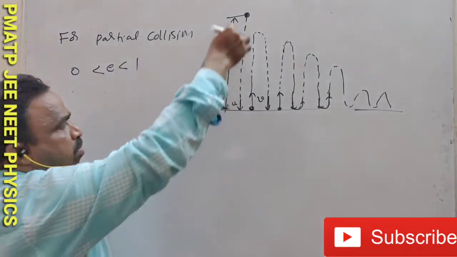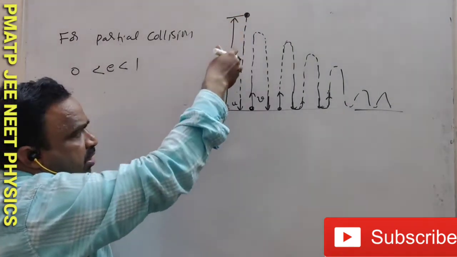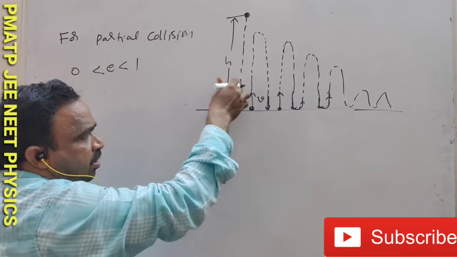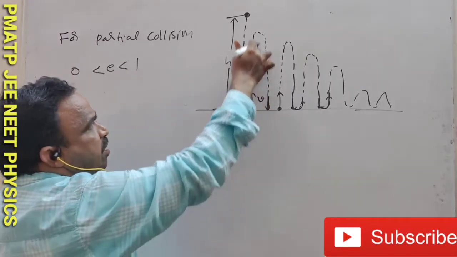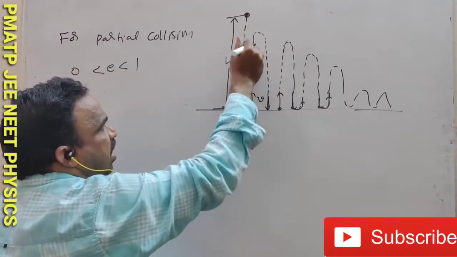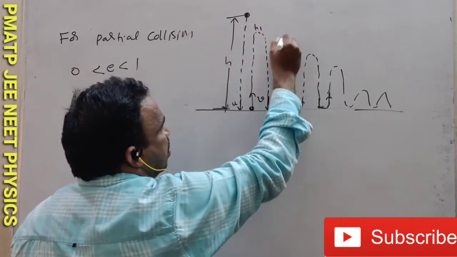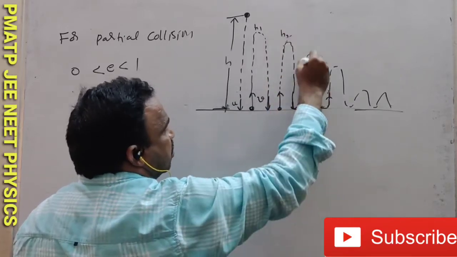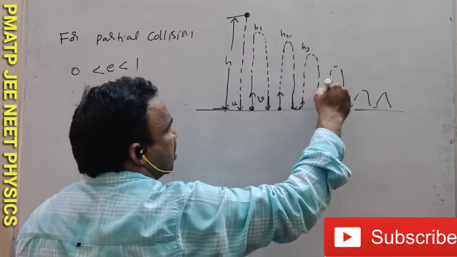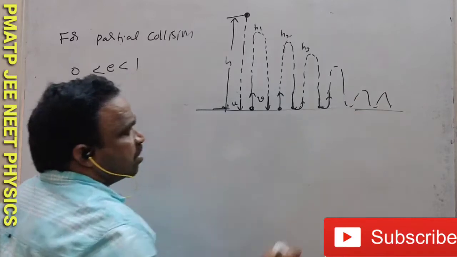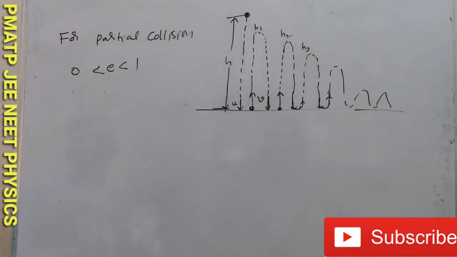Suppose a ball is dropped from a certain height. After striking the ground, it rebounds back with velocity v and the height it rises is h1 after the first collision. After the second collision, it rises h2. Third collision, it rises h3. Like this, after a number of such collisions, it finally comes to rest.